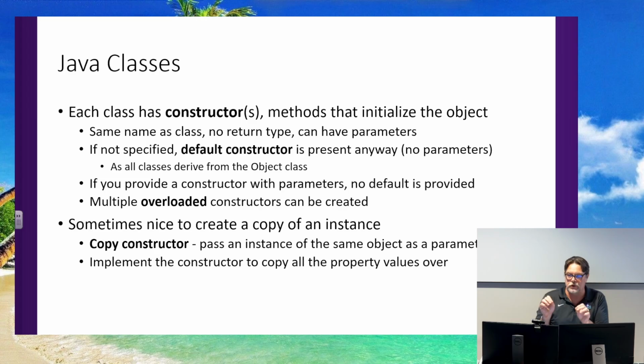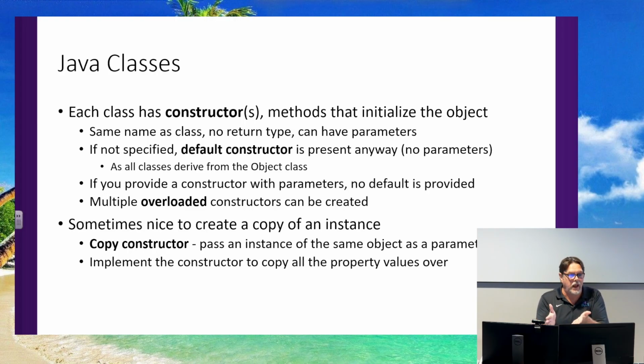So a default constructor is provided whether you've written any constructors or not. However, remember we use that term overload, you can overload a constructor. So there's always a default constructor, and anytime you create a constructor, you're overloading it and providing your own.